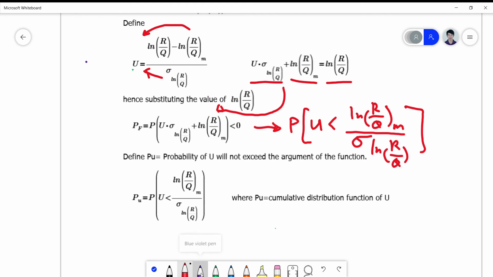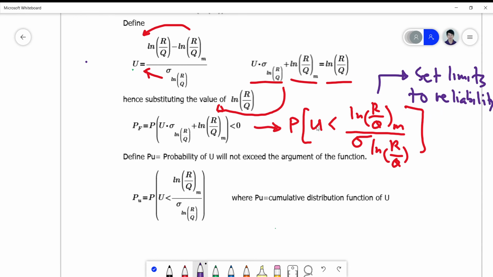Okay, so we're changing arguments because we want to change also the limit. So instead of having a 0 limit there, set it to the limit of the reliability index.